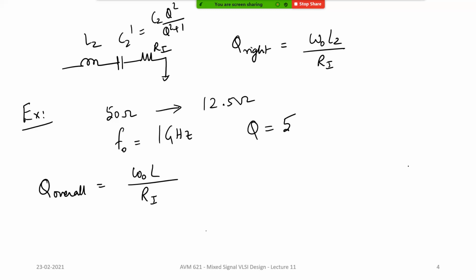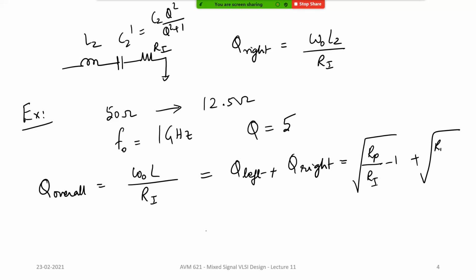So the overall Q can be written as Q left plus Q right, which can be written as root of Rp by Ri minus 1 plus root of Rin by Ri minus 1.